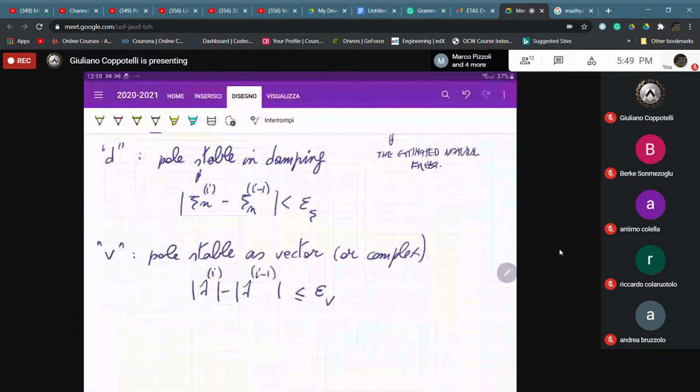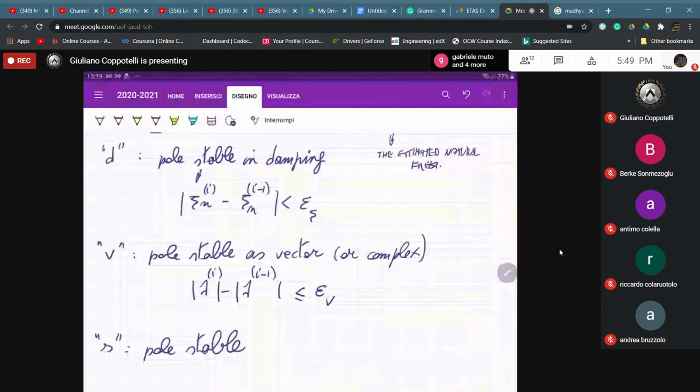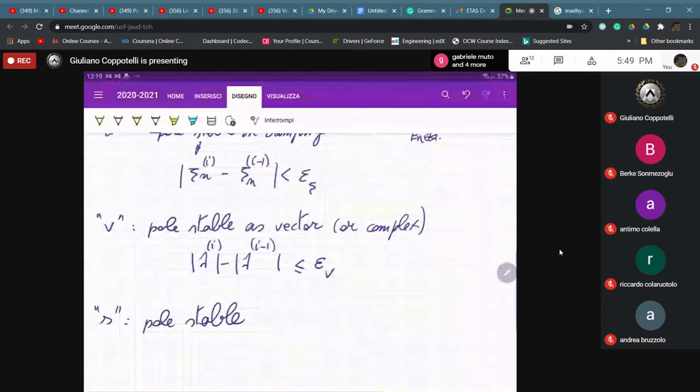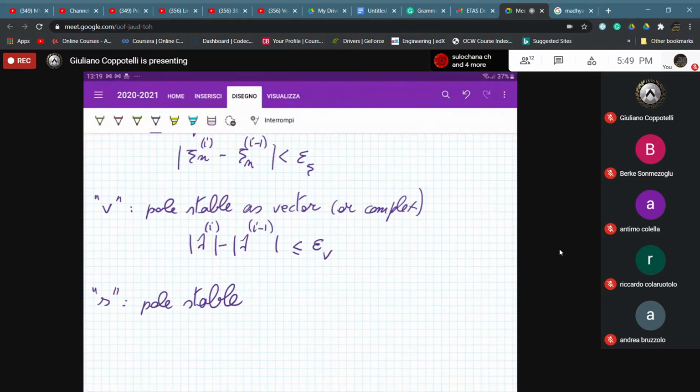Finally, we have the stable pole, and we consider that as stable when we have stricter conditions than the previous one. That is, we have to characterize both the real and imaginary part.